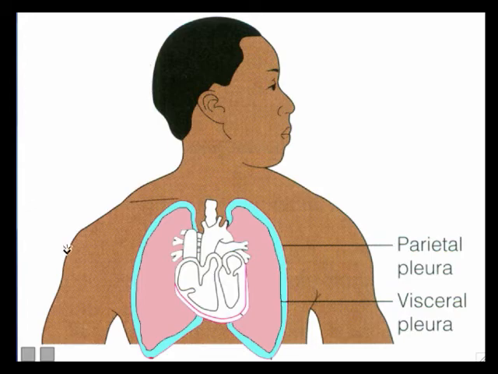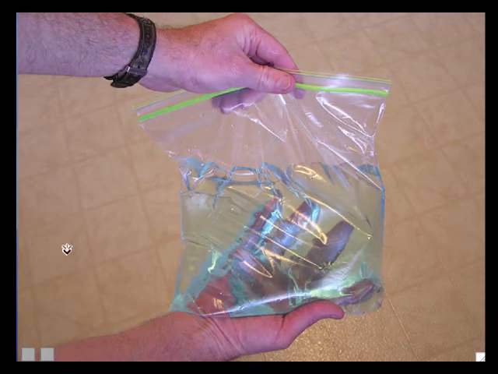And this pleura that surrounds the lungs is a type of membrane called a serosa. These serosas are fluid-filled membranes that surround and protect and cushion different organ types in your body. If you want to picture them, think of a plastic sealable baggie filled with water. That makes a nice fluid-filled double membrane that you could use to cushion things.